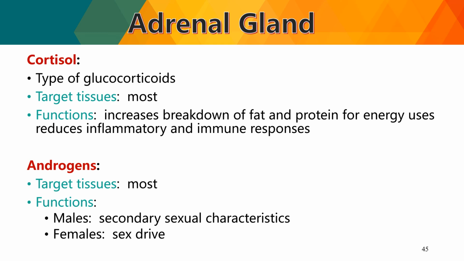It produces cortisol, which is a type of glucocorticoid. So, it helps regulate blood nutrient levels. The target tissue is most of the tissues found in the body. The function is to increase the breakdown of fat and protein for energy use and to reduce inflammatory and immune responses.